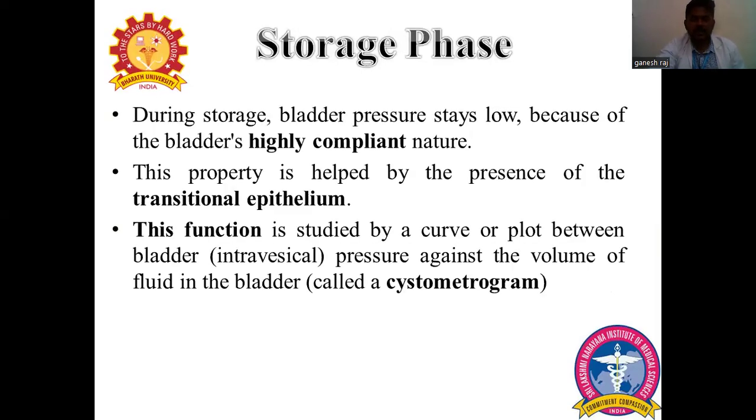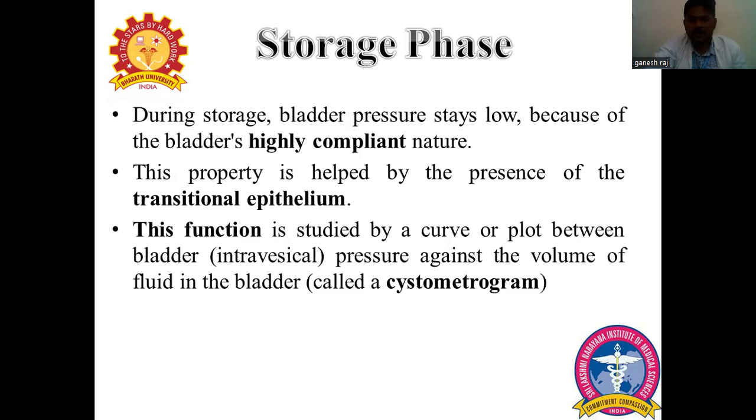So storage is possible because of the compliant nature of the bladder. The bladder can store urine to a larger extent without any increase in the pressure. If there is increase in the pressure, what will happen? It will cause pain sensation, right? So when the urine starts filling in the bladder, the bladder will adjust to an extent so that there is no increase in the pressure.